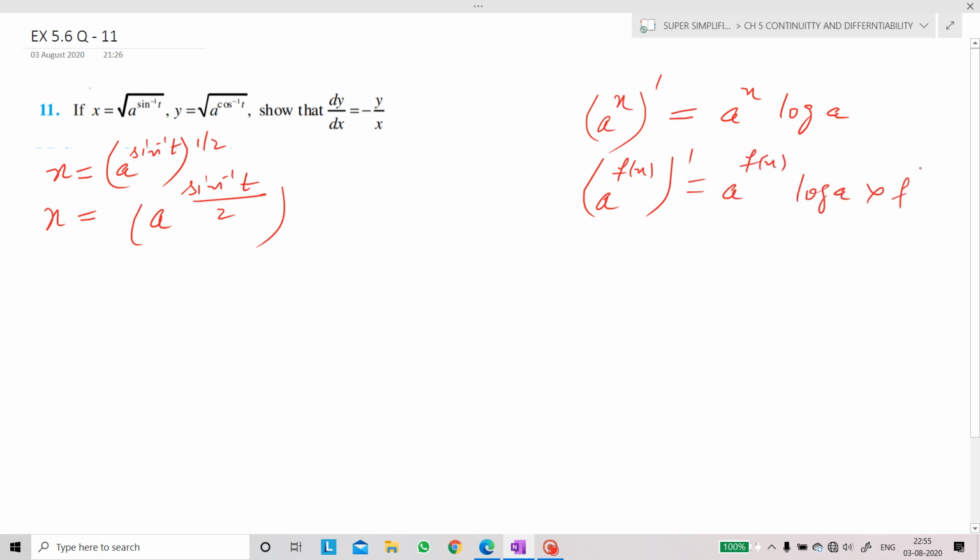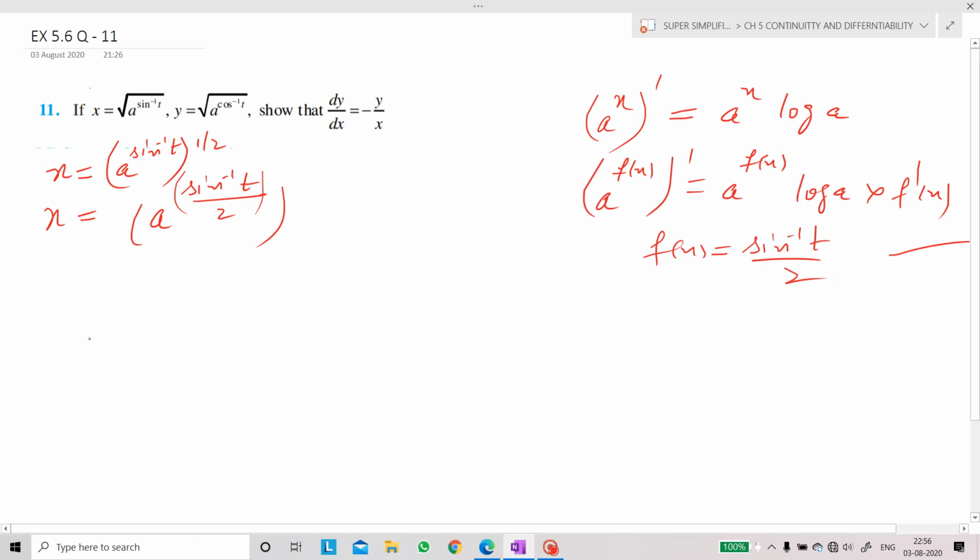So we have to use the second one because we can see a raised to the power fx, where in this case our fx is going to be sine inverse t upon 2. This is your fx. So if we differentiate both sides with respect to t, it will be dx by dt.